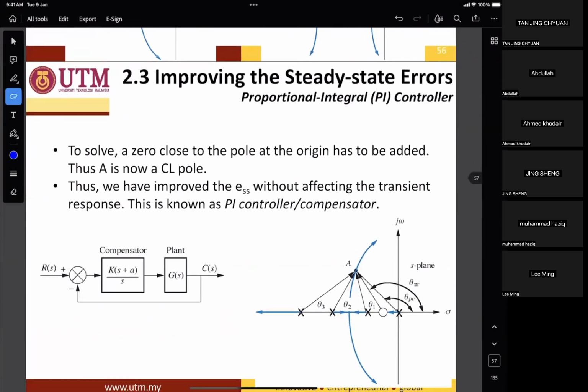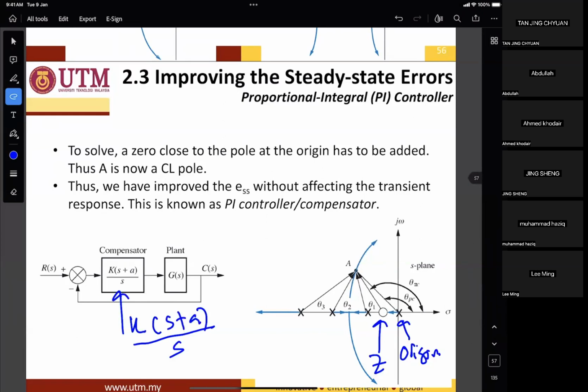To solve this, we attach a zero close to the pole at the origin. This is the origin, and this is the added zero. In transfer function form, it is K times (S plus A) divided by S, where K is the gain and S plus A is the zero near the origin. Actually, this A is very, very small.